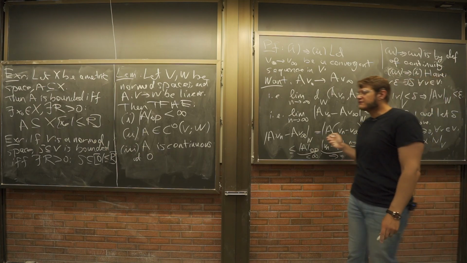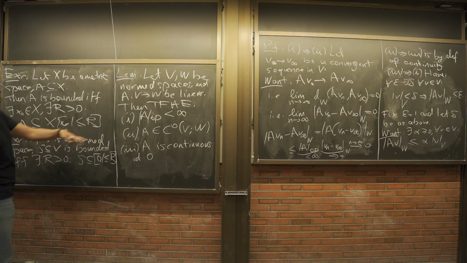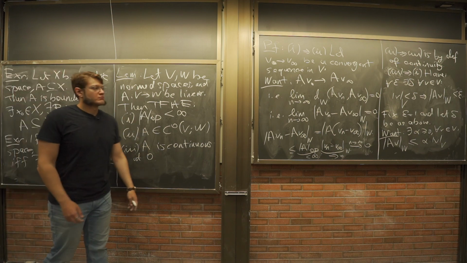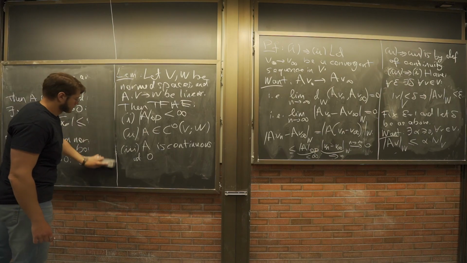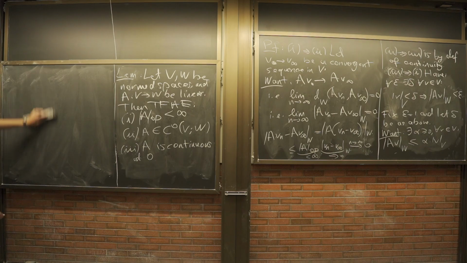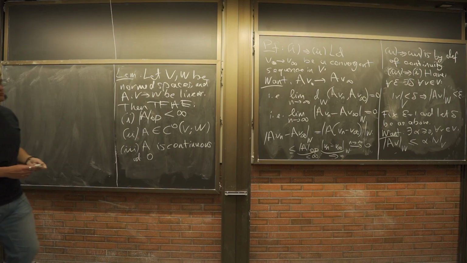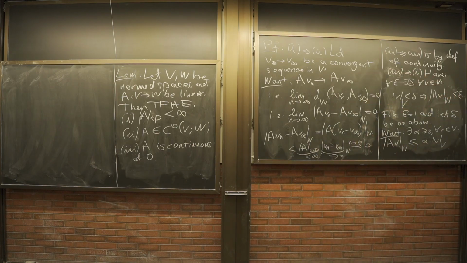Once I have such an alpha, then I can optimize over all possible alphas, and that is the definition of the operator norm. I don't need to compute the exact number. I just need to show that it's a finite number. Now certainly, this inequality holds for V equals 0 no matter what alpha is. So V equals 0 is not the problem. Let me assume that V is not 0.